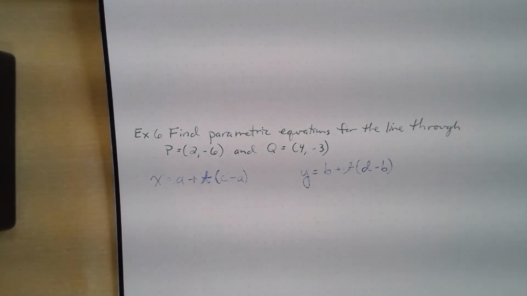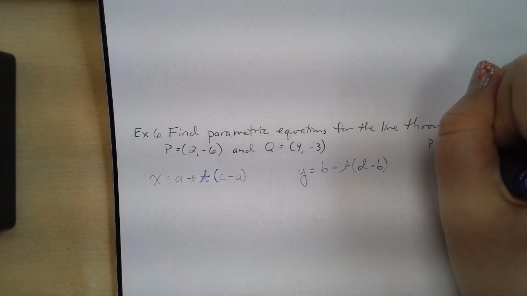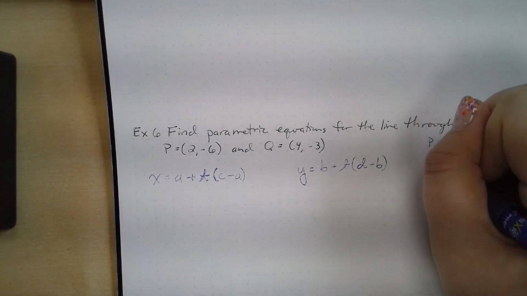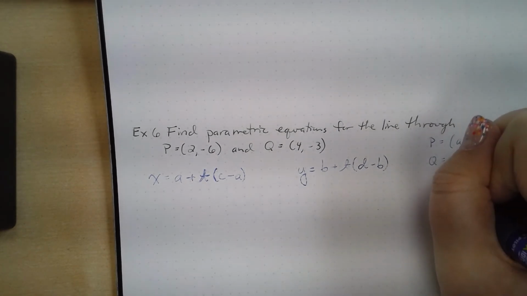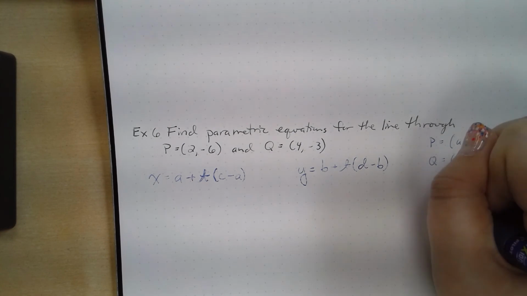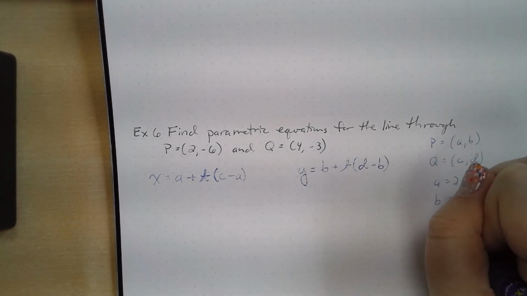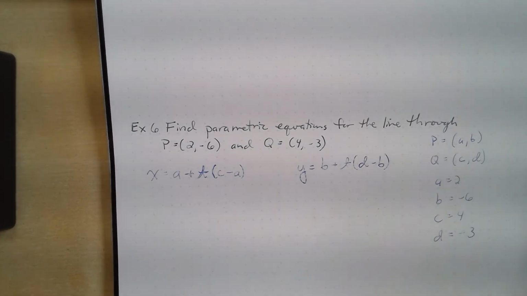Okay. So our P is in the form (a, b), and our Q is in the form (c, d). So a here is going to equal 2, b is going to be equal to negative 6, c is going to be equal to 4, and d is going to be equal to negative 3.